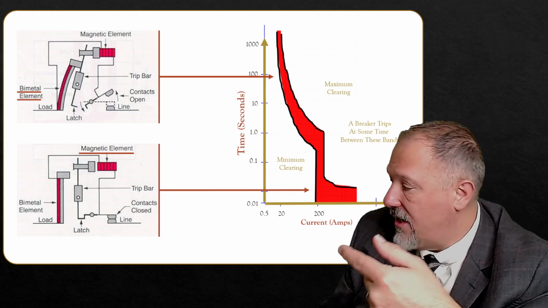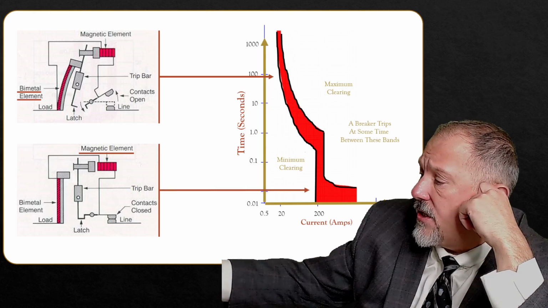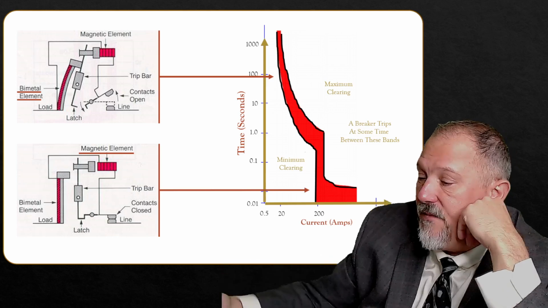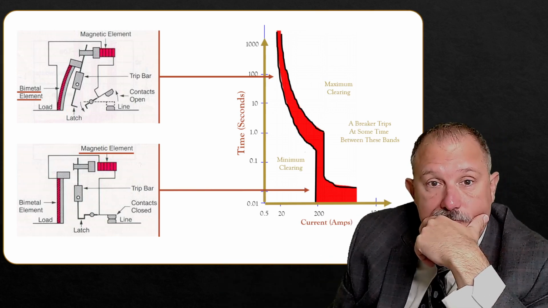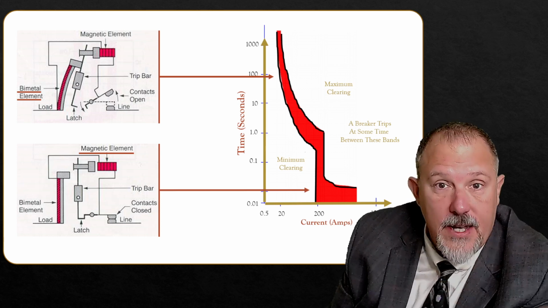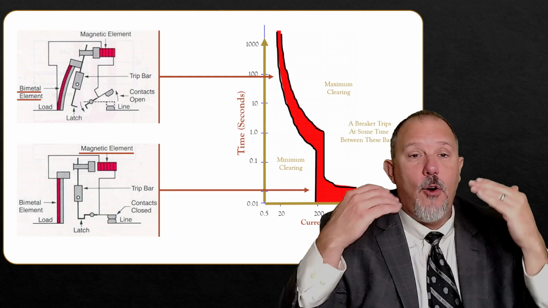We saw that in 70E. 70E says that for a molded case circuit breaker, a typical clearing time in that instantaneous region is 1.5 cycles of time. So that's how we create these.